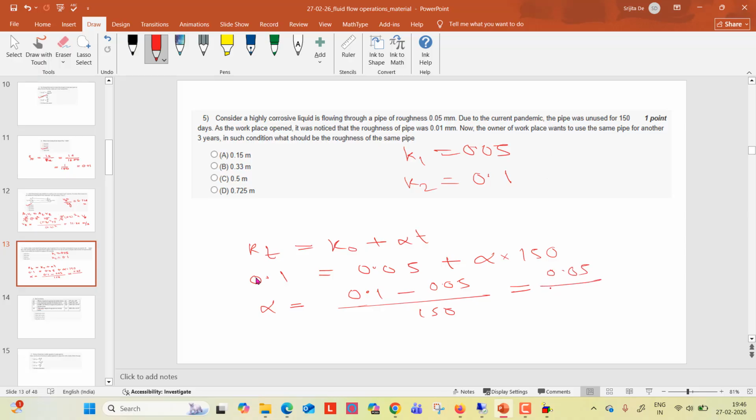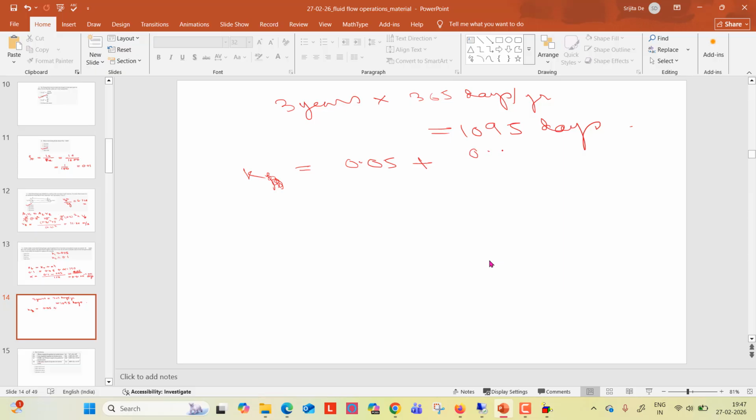How much is coming? 3.33 into 10 to the power minus 4 millimeter per day. This is the rate.